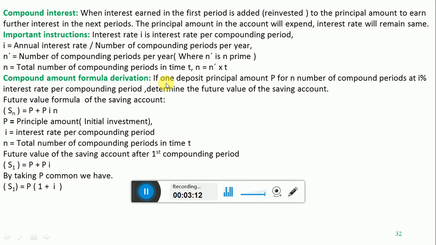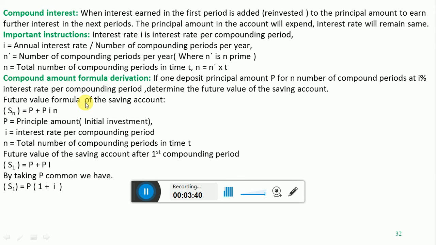The example is this: if one deposits principal amount P for n compounding periods at I% interest rate per compounding period, define the future value of the saving account. It means that an individual deposits principal amount P for n compounding periods at I% interest rate, so define the future value of this saving account.